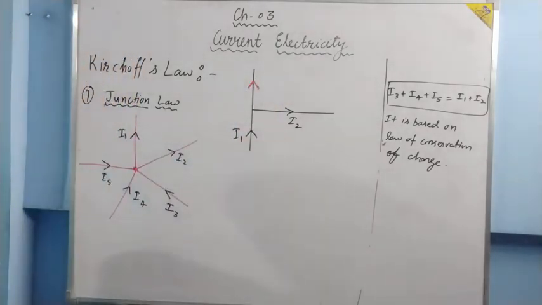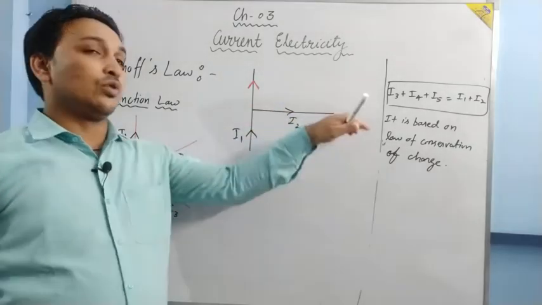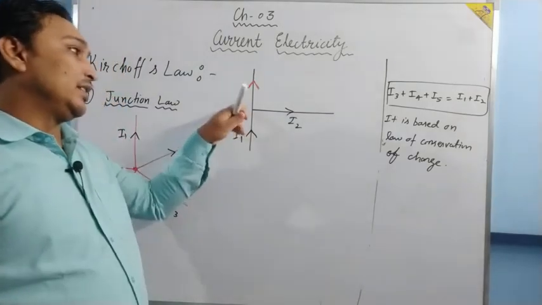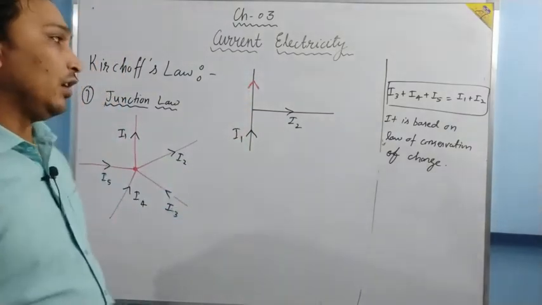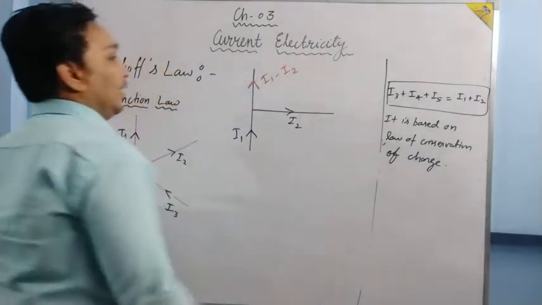Total current coming was I1. Out of I1, I2 goes out from the junction. This also goes out. So how much current are we left with? We are left with I1 minus I2.